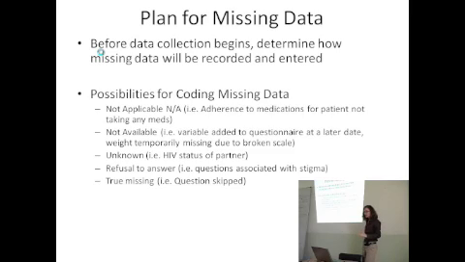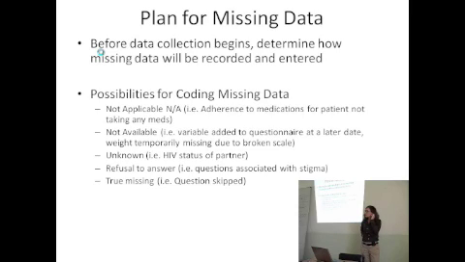Another example is when we're talking about adherence to medications. If a patient is not taking any medications, then that question is really not applicable. So you could have a response category not applicable. Another category would be not available.